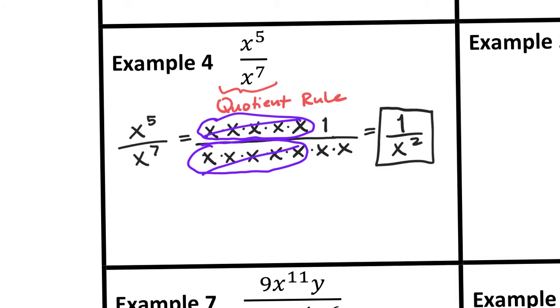If I use the quotient rule, we would say, okay, they have the same base, and so we would subtract, so it's going to be 5 minus 7. So 5 minus 7 is negative 2.